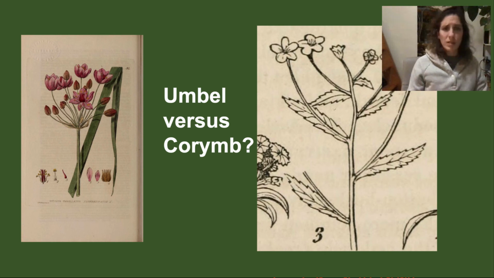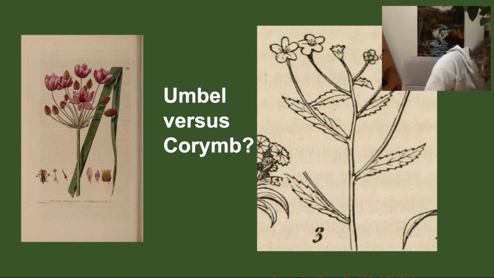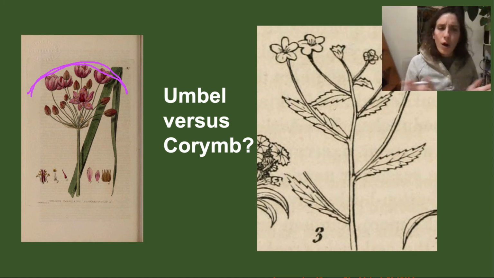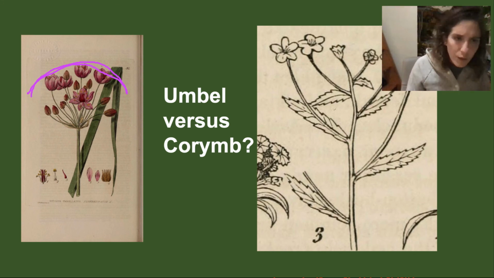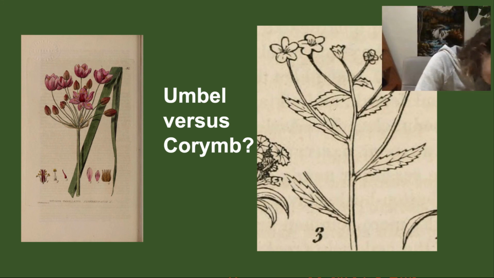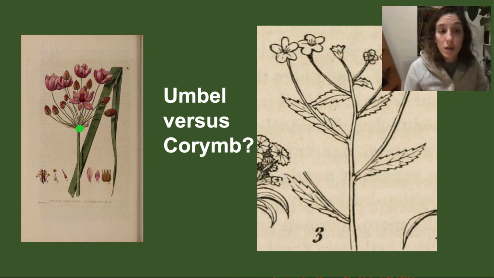I like to talk about what's similar first. In an umbel, all of these flowers are more or less coming up to the same height, or maybe they are all the same length. But in an umbel, all of the pedicels are directly attached at one singular point. That point in this picture right here, all of those flower stalks are attached right there.